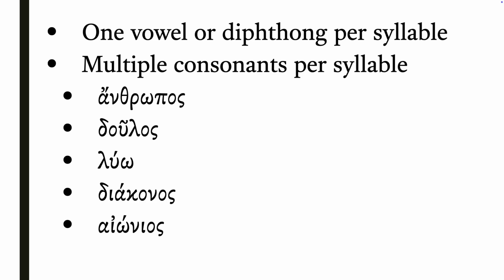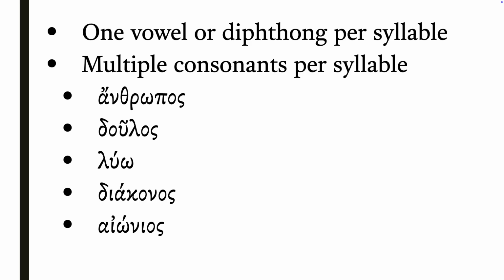So if you were to break up any Greek word, it is only going to have one vowel or one diphthong per syllable, but it can have multiple consonants per syllable. So to show how this works, we're going to go through 5 different words, showing what the different syllables are and practicing pronouncing them to end our time together.